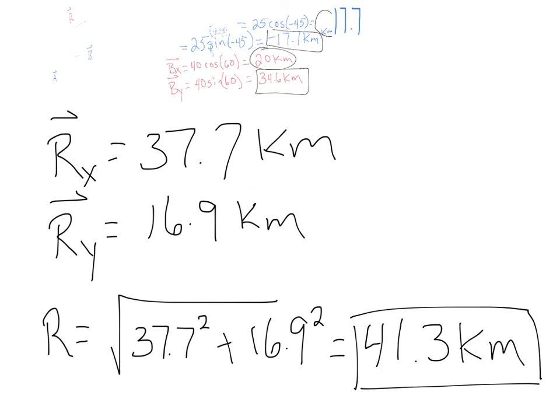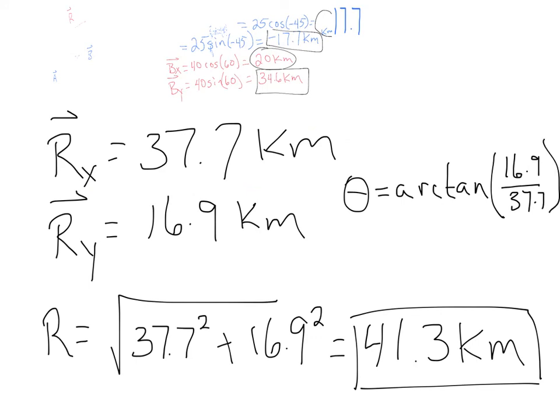But how do we find the angle or our direction? Well, the angle theta is going to be the arctangent of the y over the x. So that's the arctangent of 16.9 divided by 37.7. So once again, we got to make sure we are in degrees, not radians.